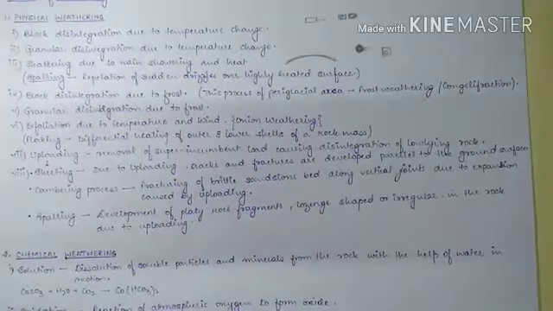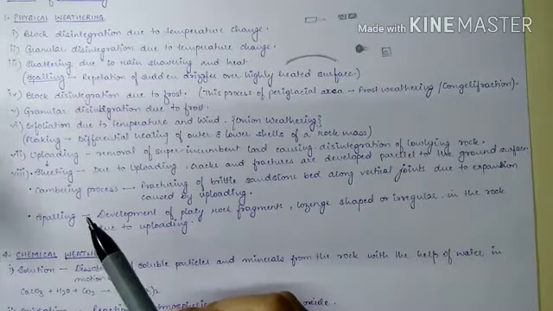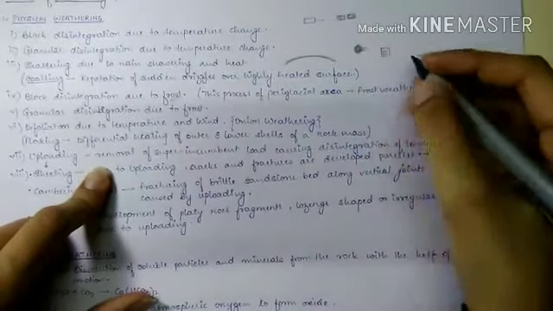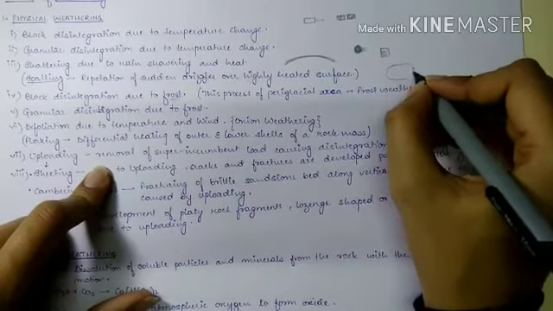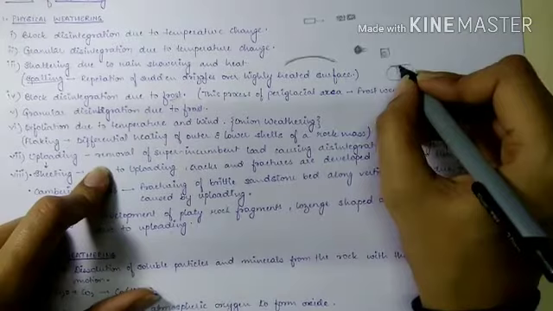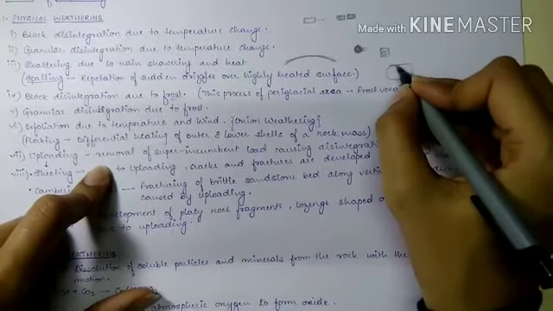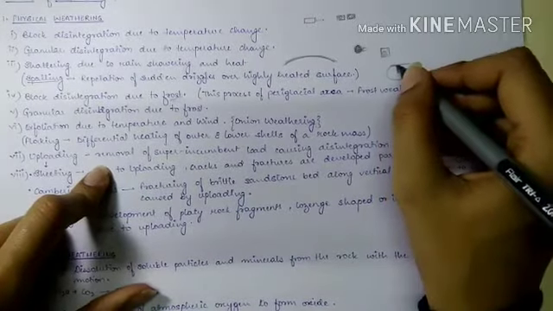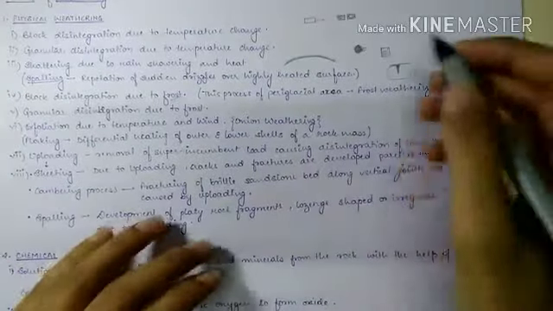This is the same as block disintegration due to temperature change, but in this one water is the important factor. The water which gets filled in the cracks of the rock is in liquid form in the morning, while in the evening or at night it solidifies and expands.